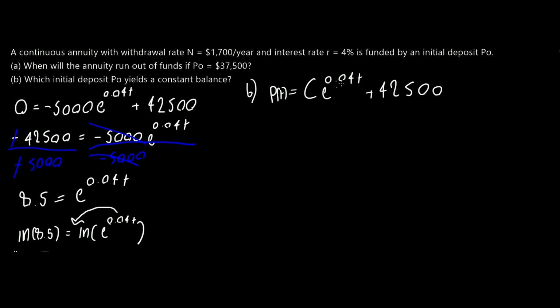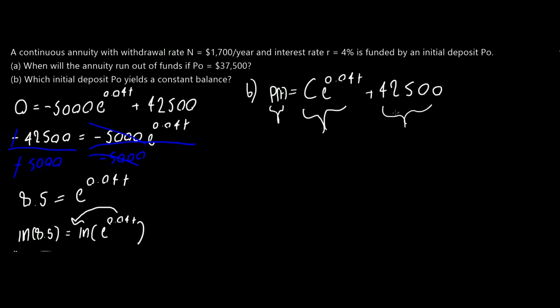So if we take a look at this equation, we have a few parts to it. We have the 42,500, we have the c to the exponent here, and then this is just a name that could be anything, so this part here doesn't really matter much. So if we take a look at these parts, which one of the parts is stopping us from having a consistent balance? So 42,500 will always stay 42,500.